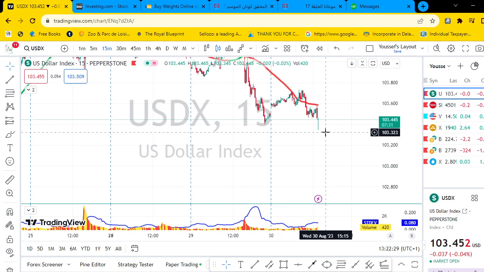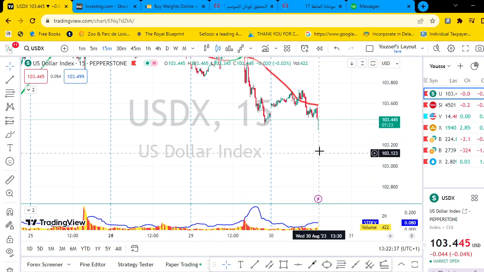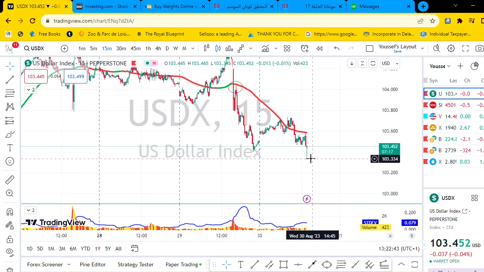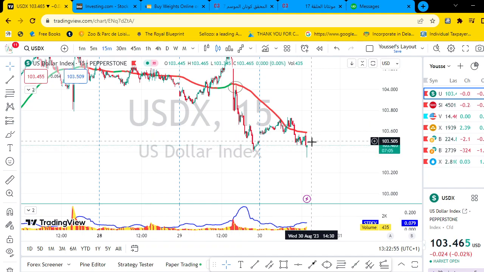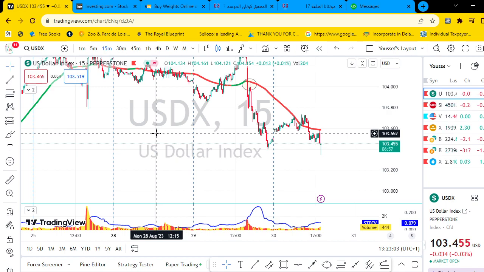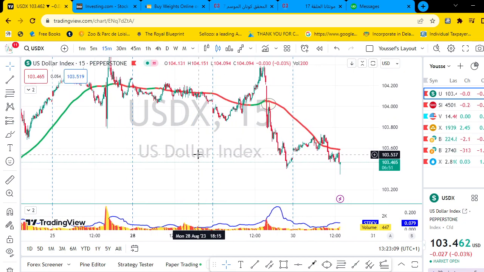By the time of the news release, the candle is gonna be very volatile, very fast, either down or upward. But if this candle keeps getting green color and moving higher, that means the news are going to be positive, and the US dollar is gonna fly high. So we wait until the last 3 or 2 minutes, so we can decide and enter our trade.